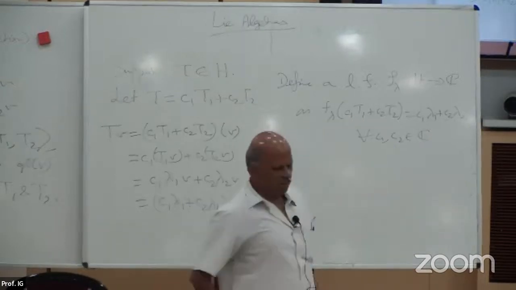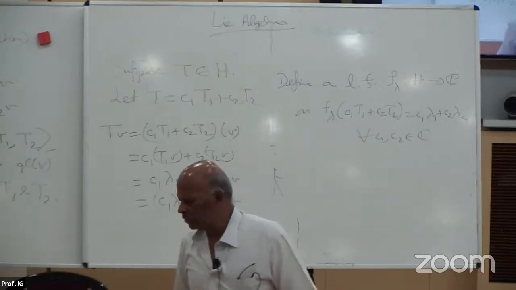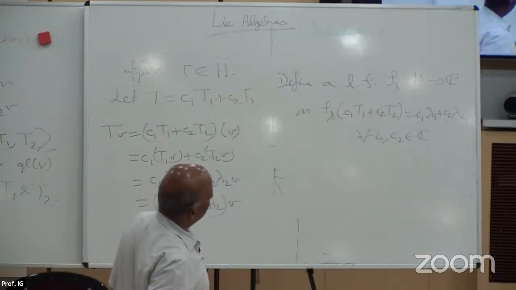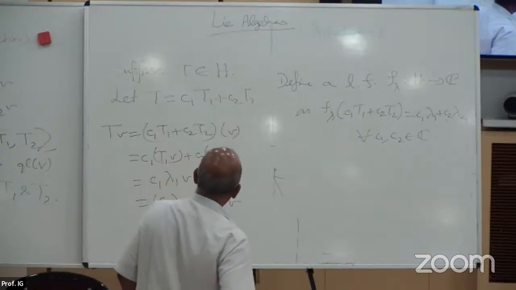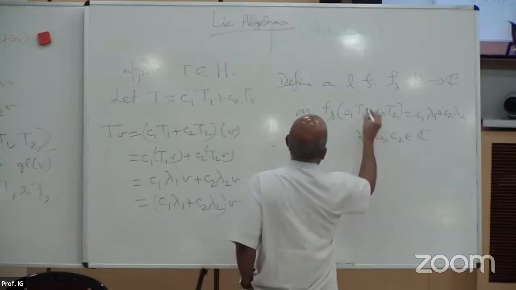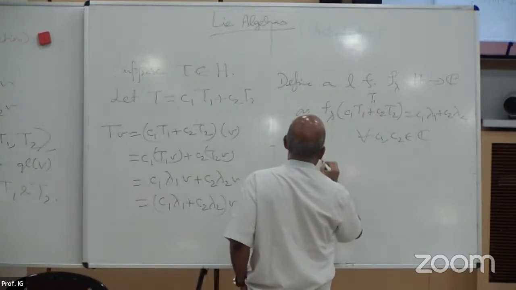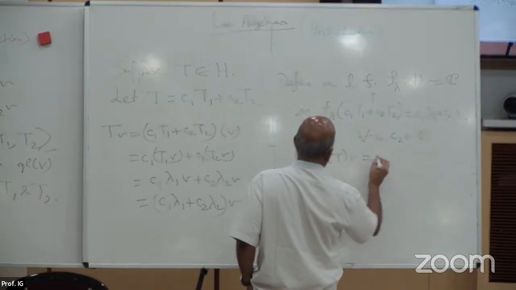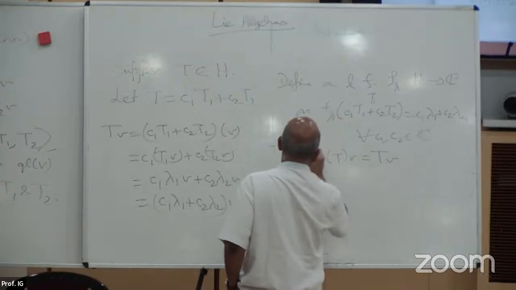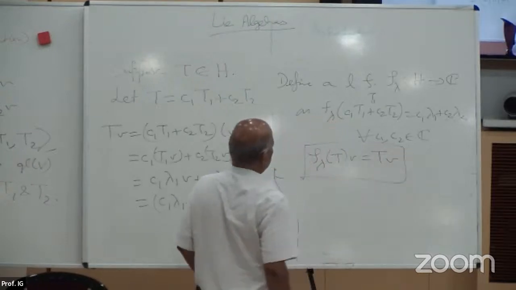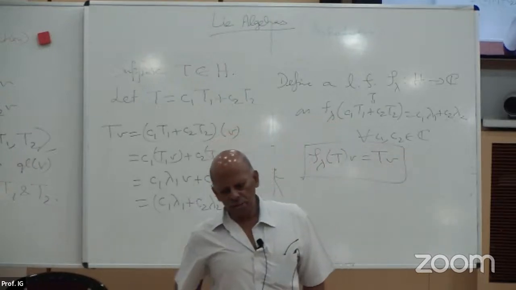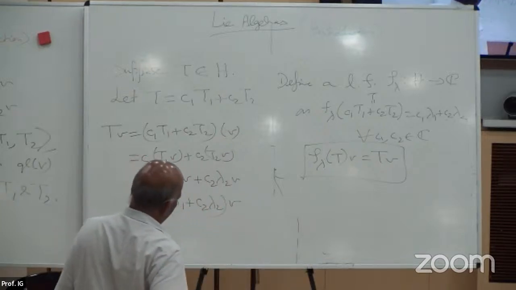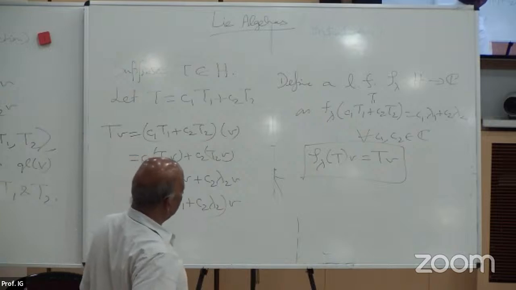We know that every element is a linear combination of T1 and T2. We just define it to be C1 lambda 1 plus C2 lambda 2. And what do we get now? This is what we called T. So F lambda of T is what is TV. If you take a T to be C1 T1 plus C2 T2, the T action is given by this linear functional.